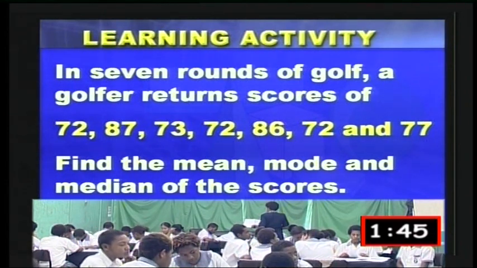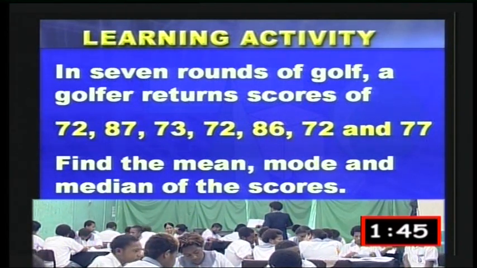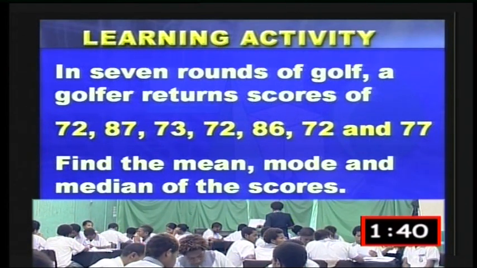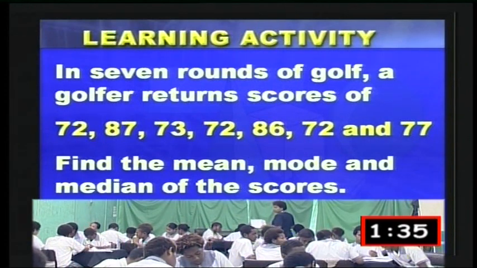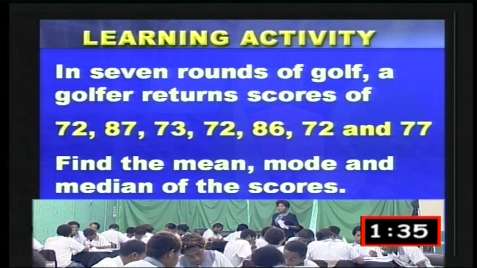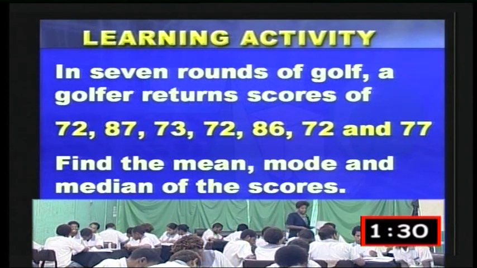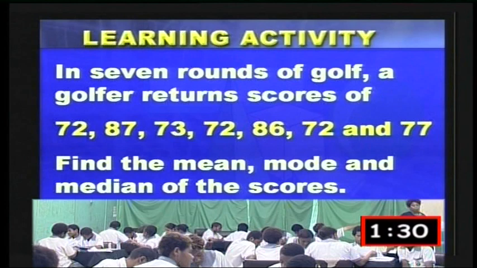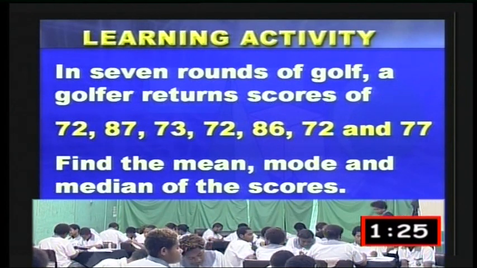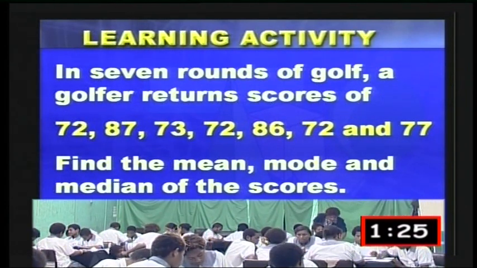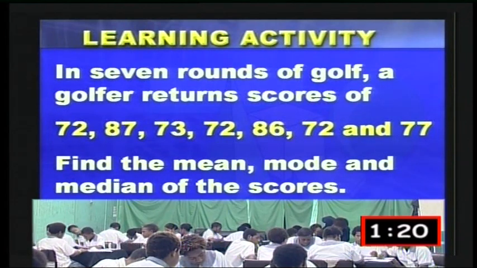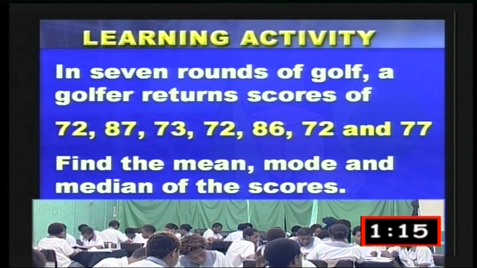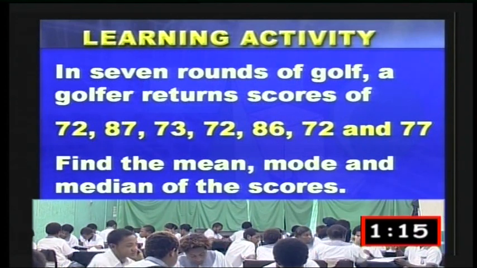Seven sevens are 49. 11 take away 7 is 4. 9 plus 4.